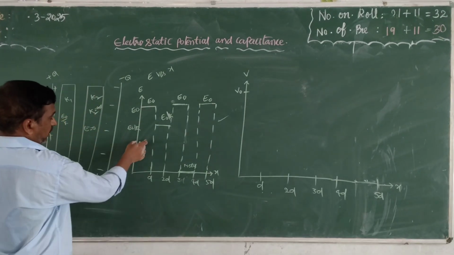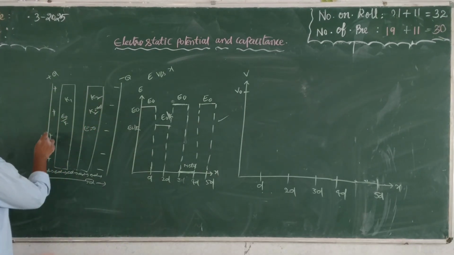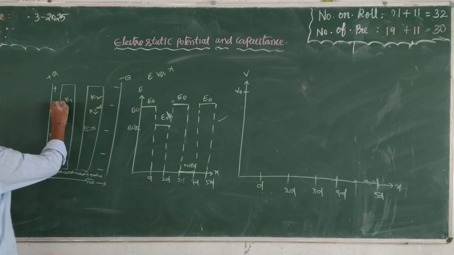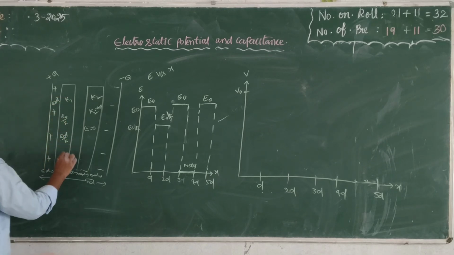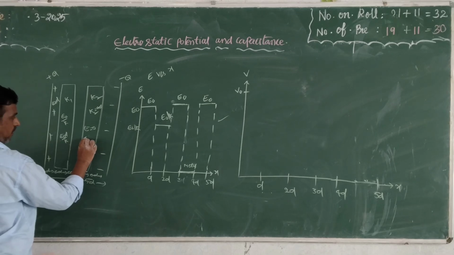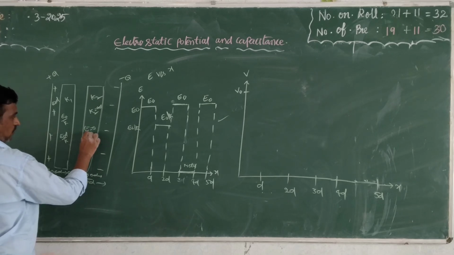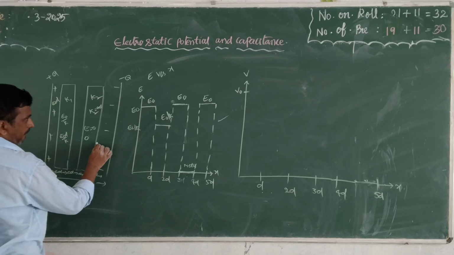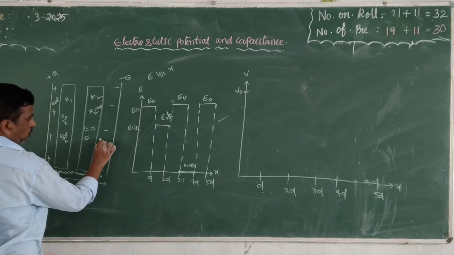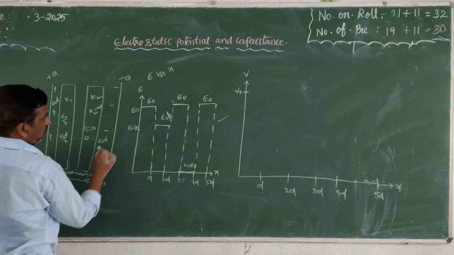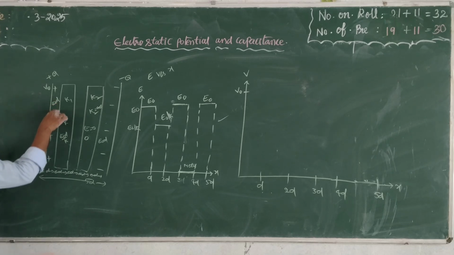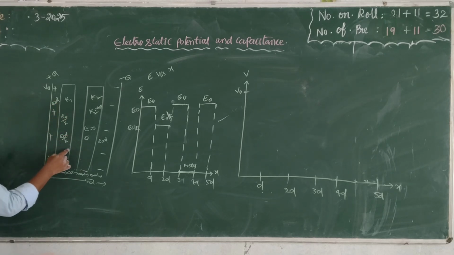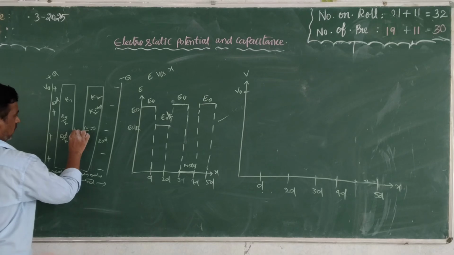Here the potential drop is E naught d, then E naught d by k. Where the electric field is 0, there is no change. Here again E naught d. It goes from V naught to V naught minus E naught d.